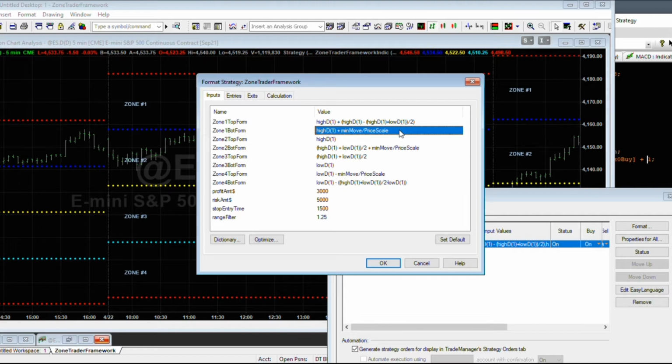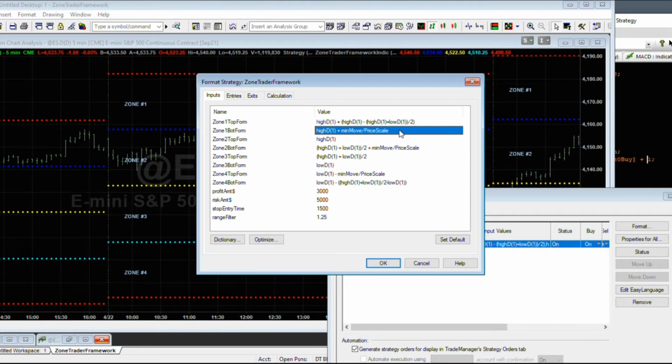So basically, this is what I call the midpoint derived support and resistance levels, and this is included in the Zone Trader framework. I also include the Camarilla levels in the Zone Trader framework, but I wanted to really quickly today show you how you can use the nomenclature that I've already pre-programmed for you.